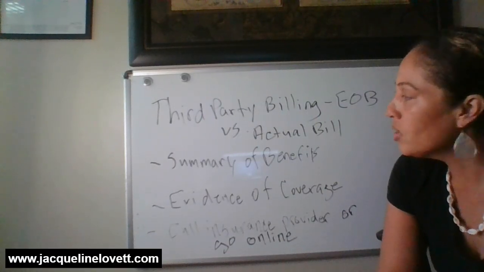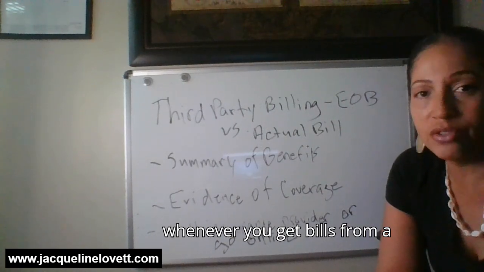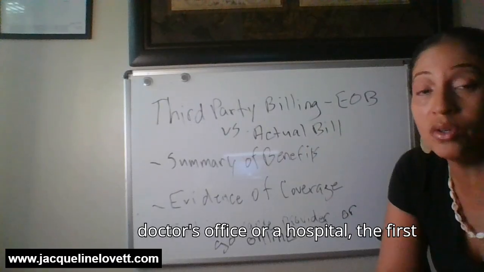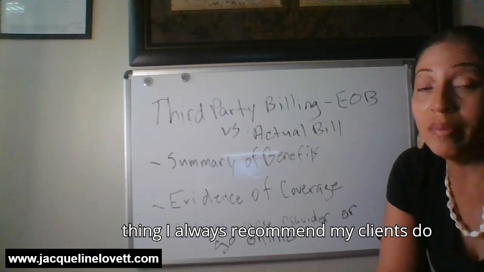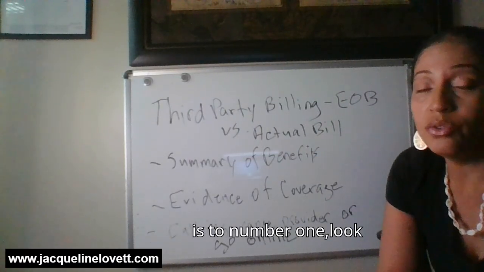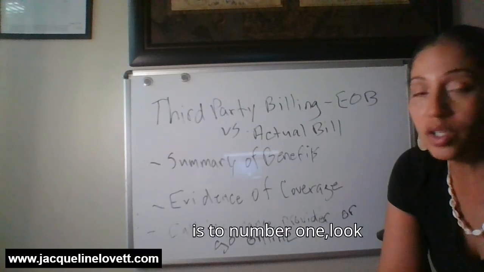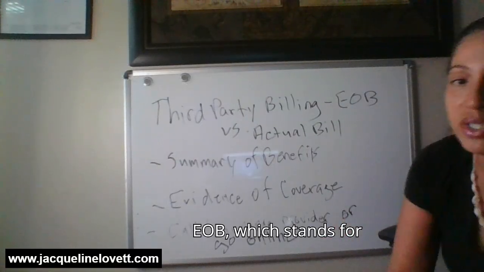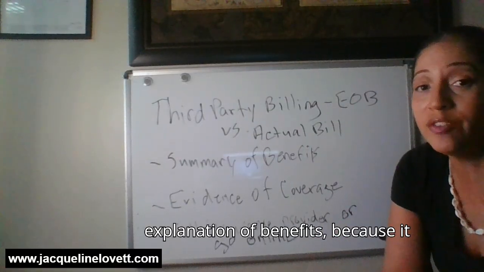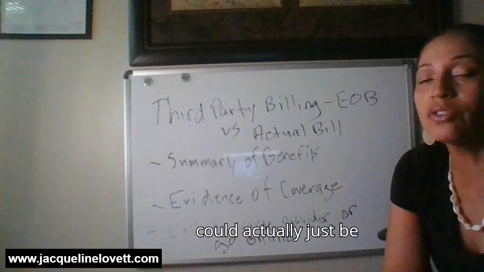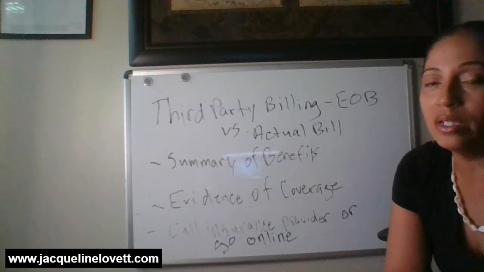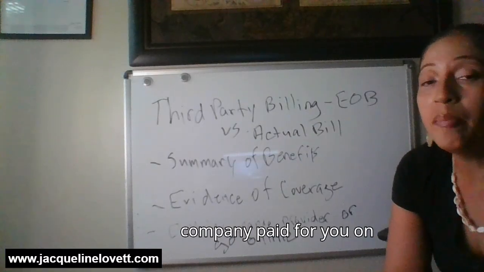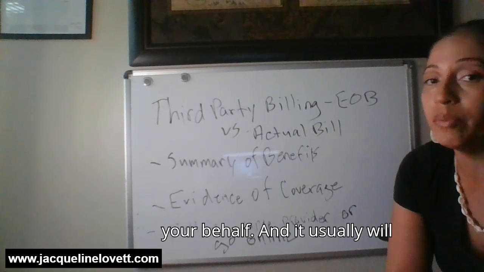So whenever you get bills from a doctor's office or a hospital, the first thing I always recommend my clients do is, number one, look over it and see if it actually says EOB, which stands for explanation of benefits, because it could actually just be a listing of what the insurance company paid on your behalf.